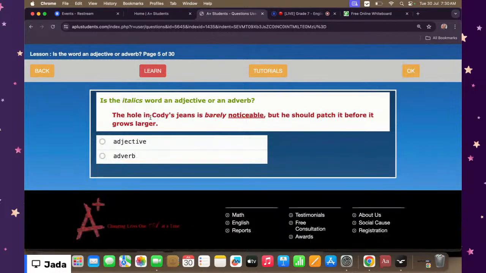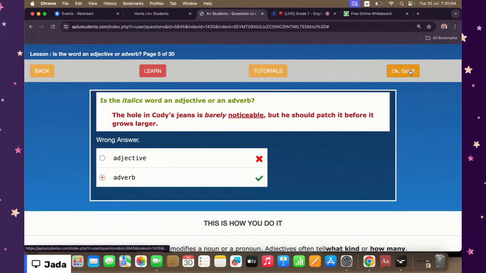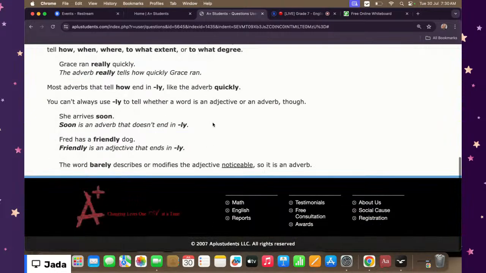The hole in Cody's jeans is barely noticeable, but he should patch it before it grows larger. So is this adjective or adverb? It says. Okay. Now barely was already in the sentence.